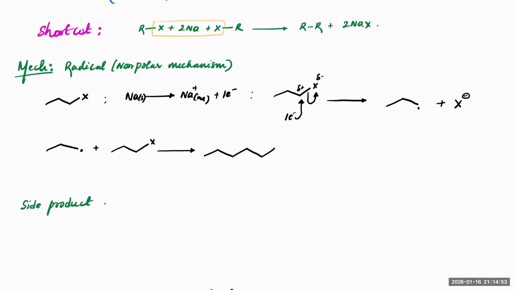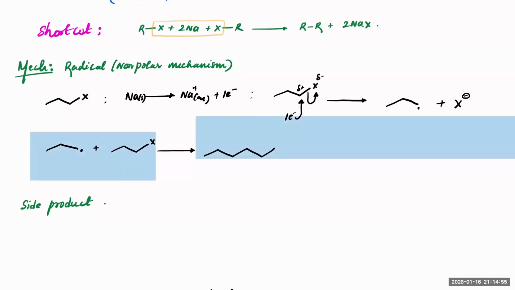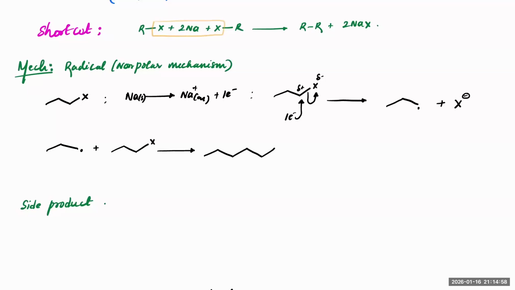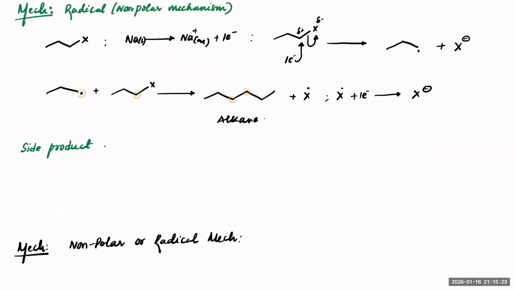So let me point out the carbons which we are connecting. The carbons which are connecting are these two, this carbon and this carbon. So these two carbons got connected, and that releases an X dot, and this X dot will take one more electron which is released from sodium to convert into X minus, thus giving an alkane as the major product. This is called radical mechanism.